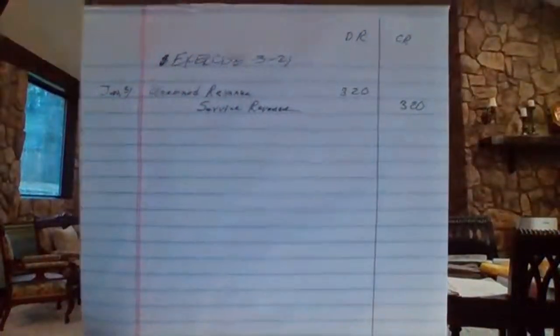We are going to reduce that liability, unearned revenue, for the amount that was earned. So we're going to reduce the unearned revenue liability account with a debit of $320, and I'll show you the computation for that shortly. And we're going to put it into service revenue, a revenue account, taking it off the balance sheet, getting it onto the income statement. $320. There's the adjusting entry.